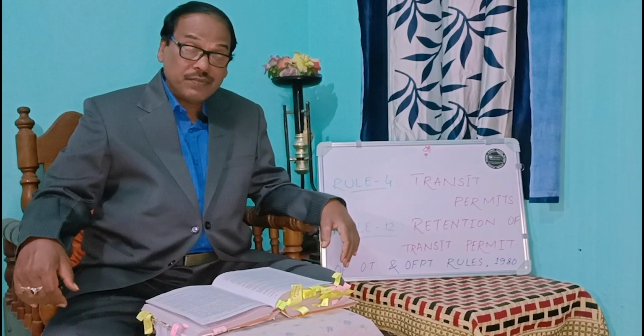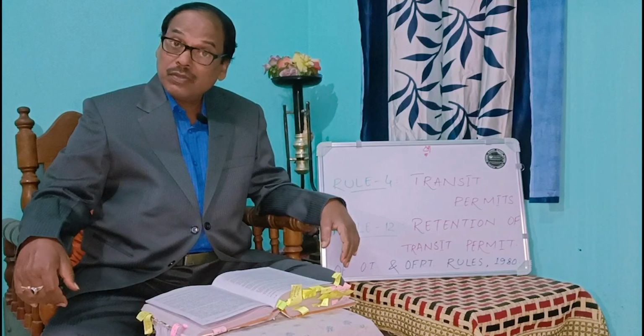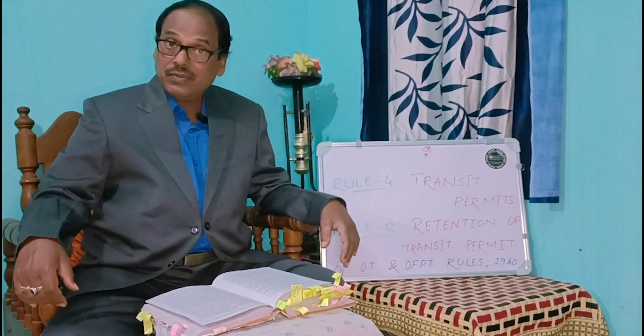When both ACF and range officer, forester can be authorized, what is the difference?